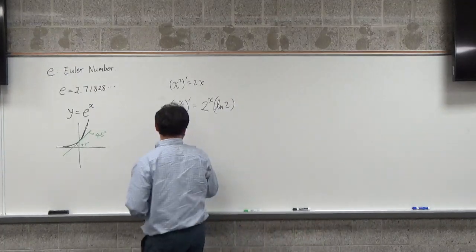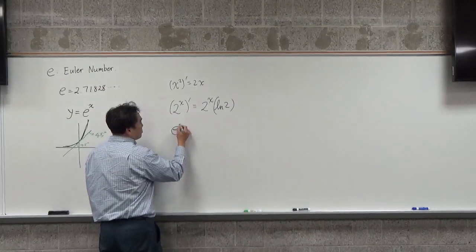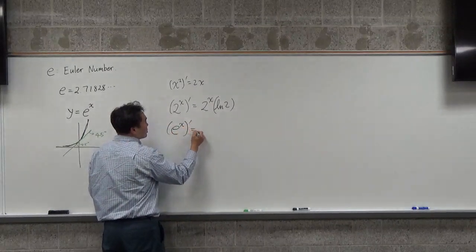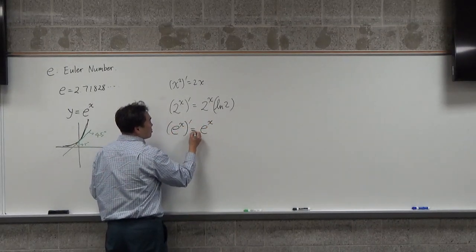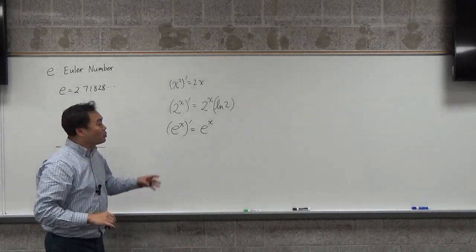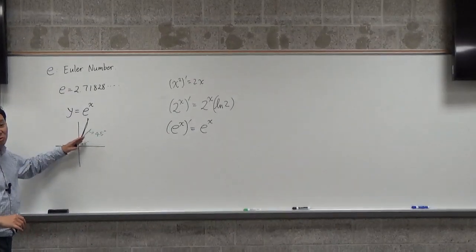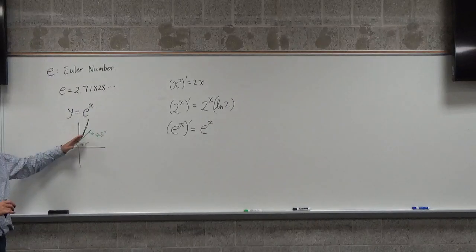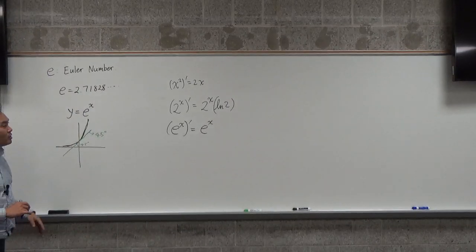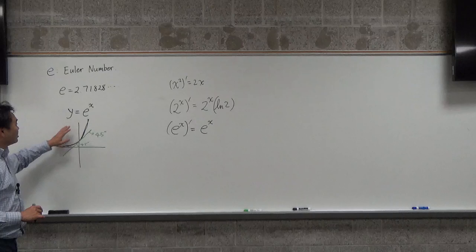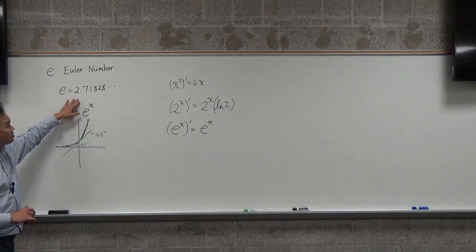And on the other hand, if you take the derivative of e to the x, this is just e to the x. And the reason for that has something to do with the fact that the slope at 0 is exactly 1. So that's the reason why this becomes such an important thing.